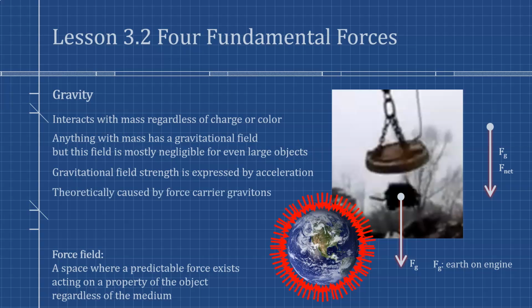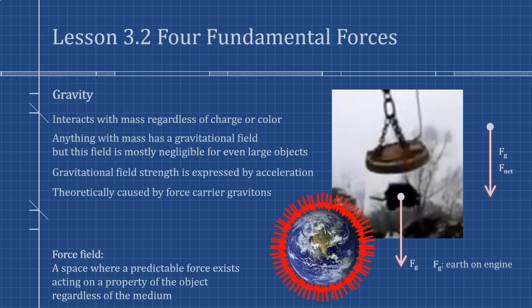And then technically, theoretically, scientists believe that there is a force carrier particle, probably made up of energy, just like photons are, that causes gravity. Just like with the electromagnetic force, we have these photons that are moving through the field and actually interacting with charged matter, these tiny particles will interact with mass.